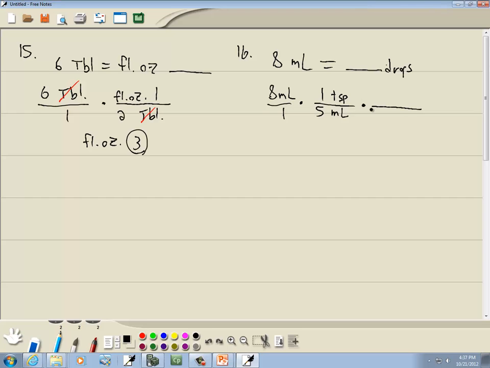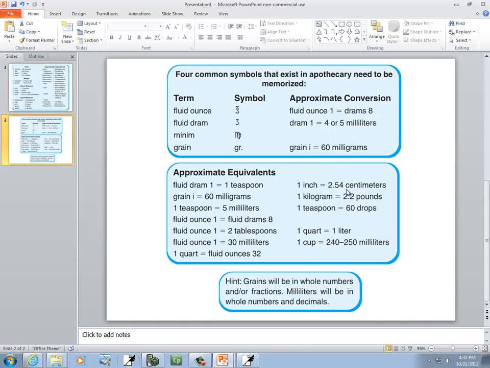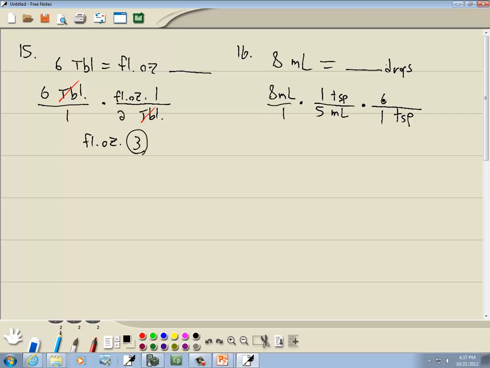And again, dimensional analysis, you got teaspoon here, you put teaspoon here. And we said there's 60 drops in 1 teaspoon. So 1 teaspoon and 60 drops. Now milliliters here, they cancel. Teaspoons here, they cancel. 8 times 60 is 480 over 5 drops.